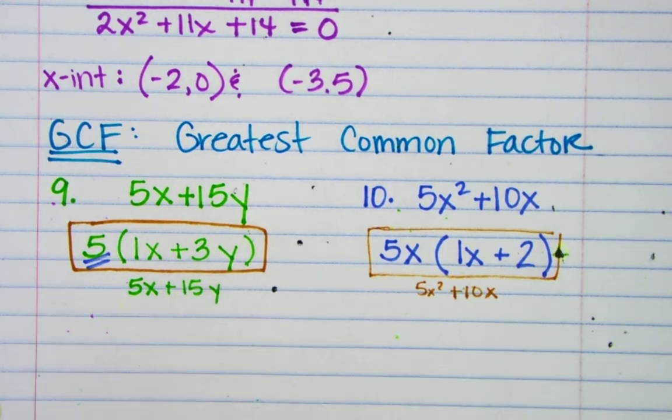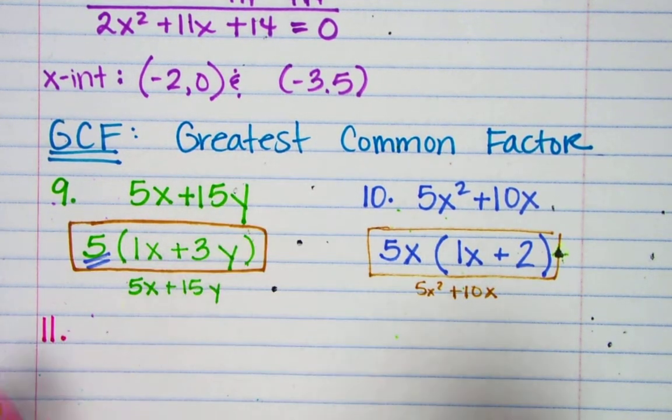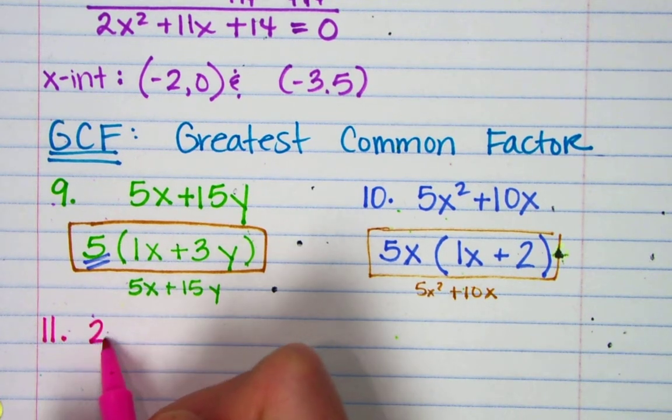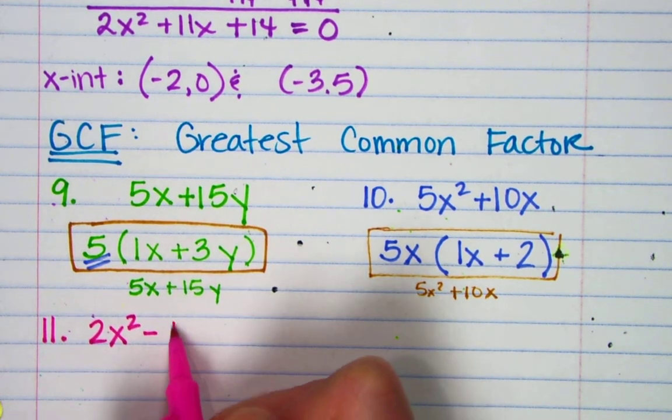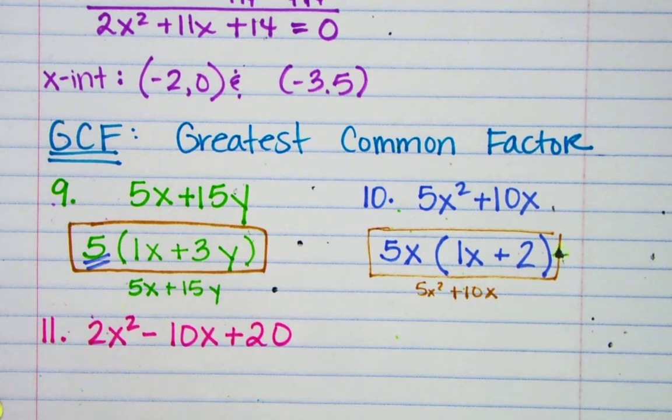All right, we'll do 2 more. Okay, number 11. Let's do 2x squared minus 10x plus 20.